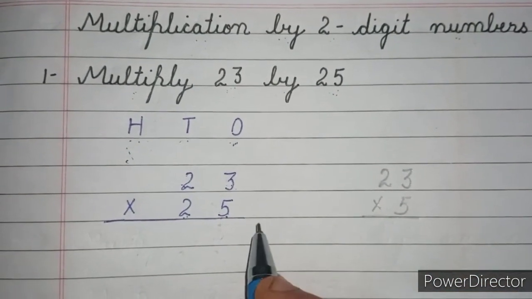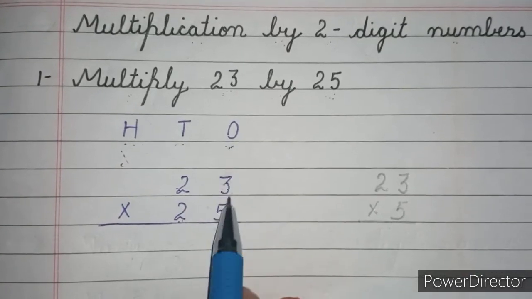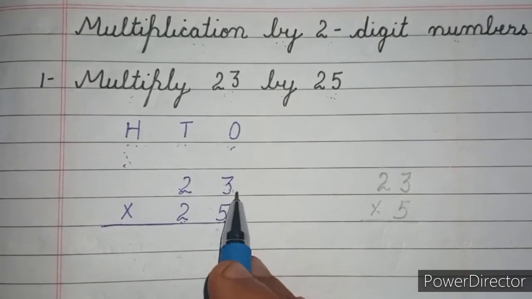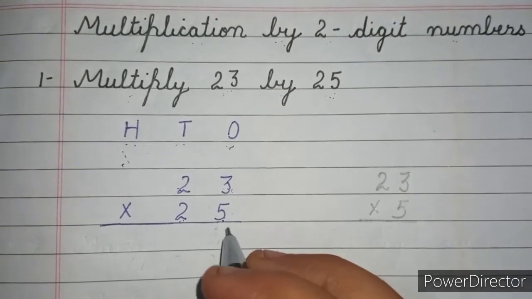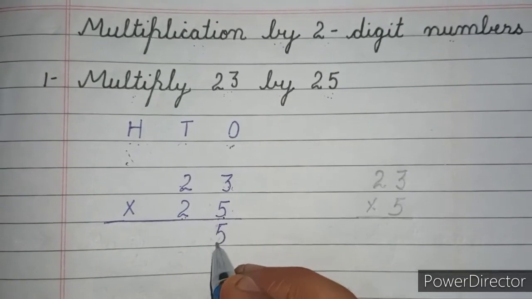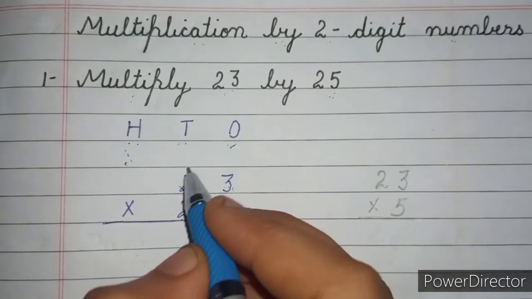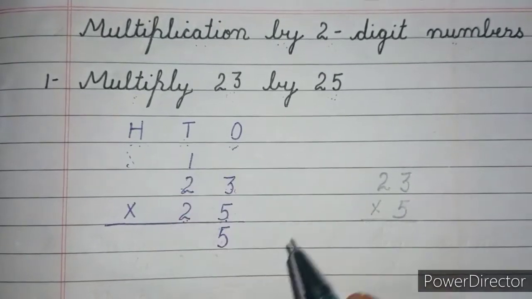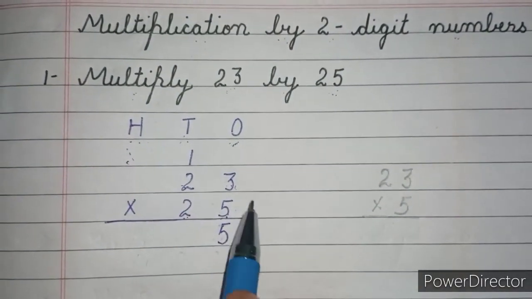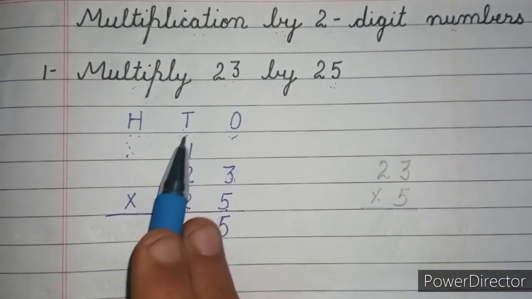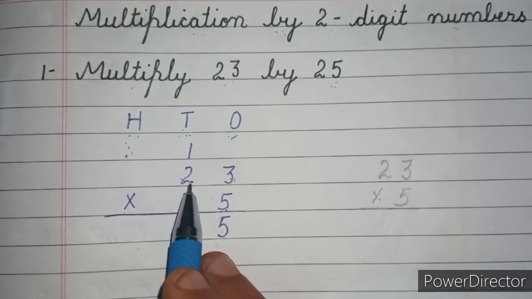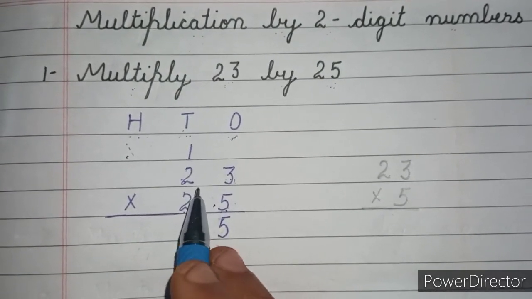Then first we have to multiply 3 by 5. Now 5 into 3 is 15. Write this 5 under the ones column and 1 will carry forward to the tens column. Now we go to the tens column. Then 5 into 2 is 10.